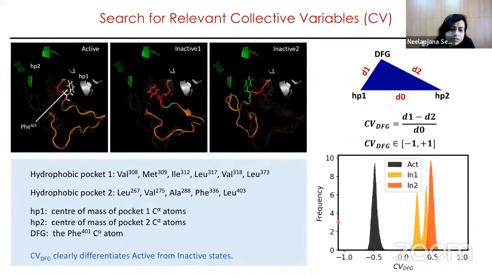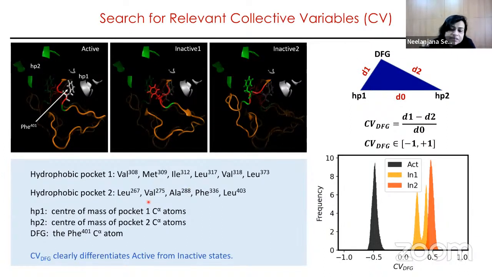Now, it turns out that if we design a collective variable where we simply look at the center of mass distance from the DFG motif to the hydrophobic pockets 1 and 2, we reproduce certain signatures of what is available experimentally. We call this CVDFG. It's a scaled difference between D1 and D2, divided by D0.